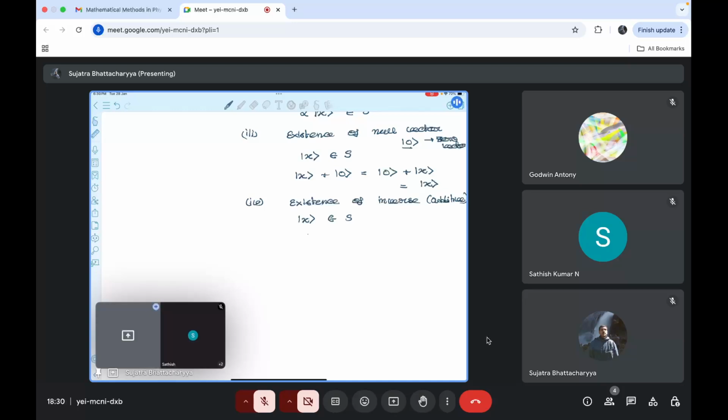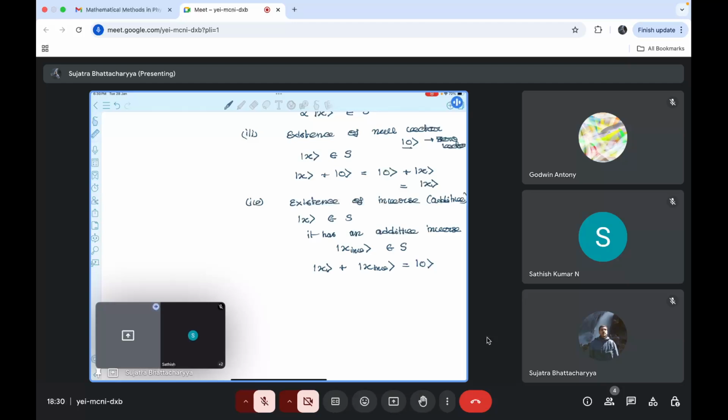Let us consider that it has an additive inverse vector. Let us say x inverse, which should also belong to this S, such that x plus x inverse should be equal to the null vector 0. Fine. So this should happen.